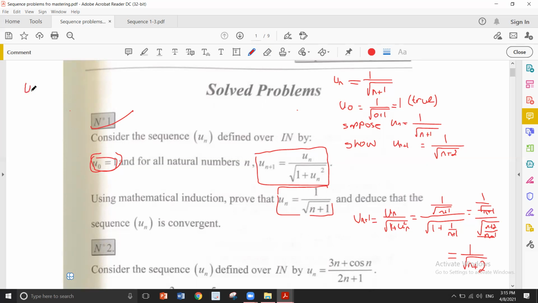I proved that un equals 1 over radical n plus 1. So un is a function of n.